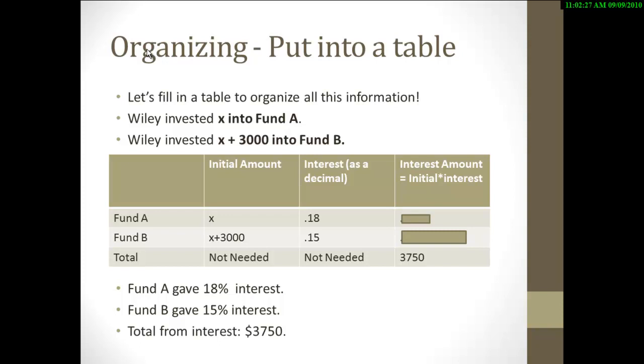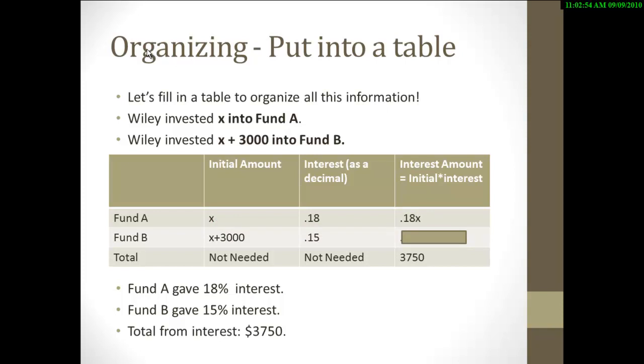Alright, now that was all the easy pieces of information, but finishing it up, since we have the structure so nicely set up, is not so hard either. The amount of money that we get from interest for each of these two funds is just the investment times the interest. So for Fund A, the amount of money that we get from interest is going to be the amount invested, X, times 0.18.